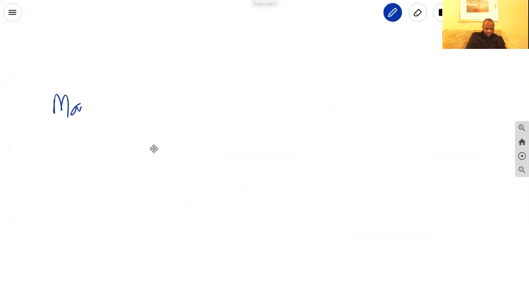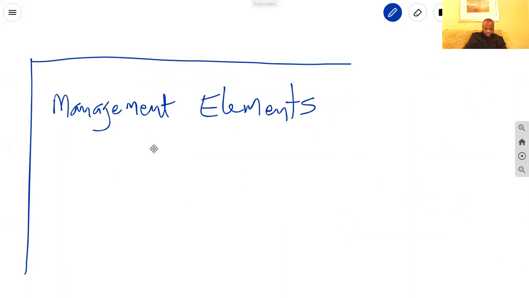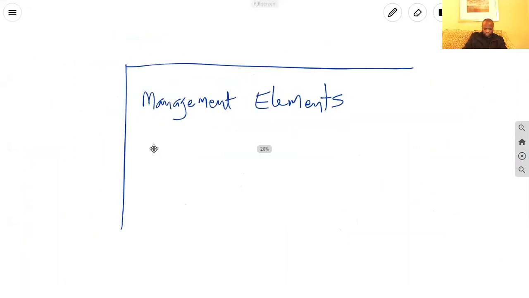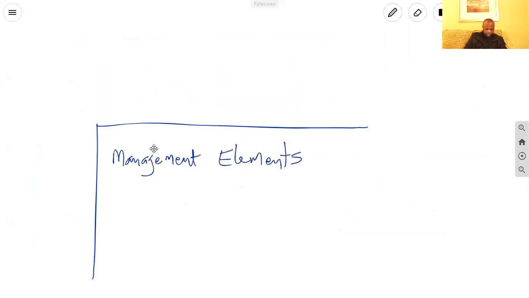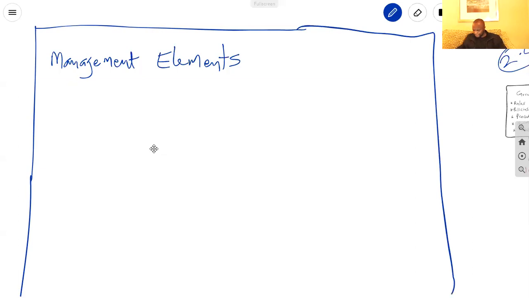So, management elements, let's use blue so you won't forget them, or mix them up rather. Management elements. Going in on the management elements. Fine.